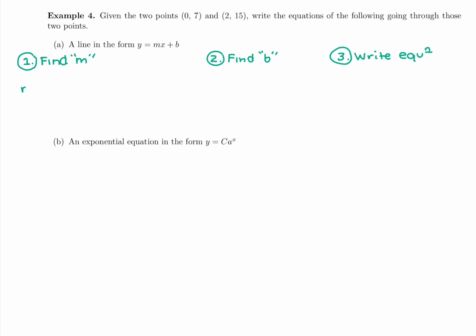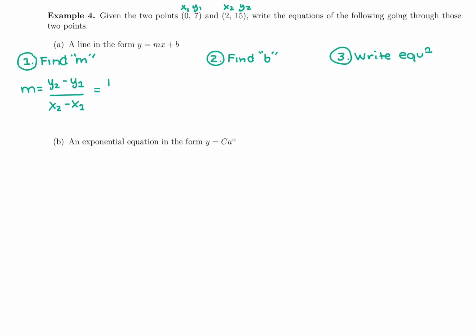I want to remember the slope formula, which is y2 minus y1 over x2 minus x1. So I have x1, y1, and x2, y2 that I can label with these 2 points up here and just plug right into this equation.